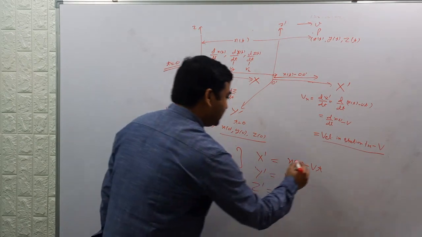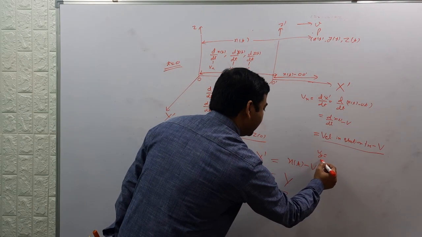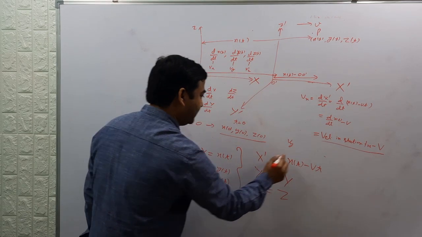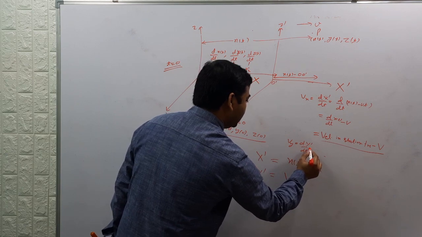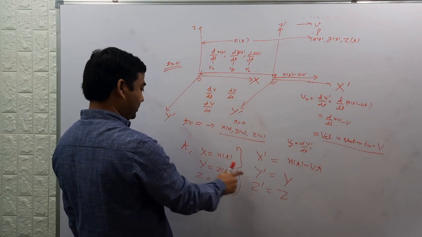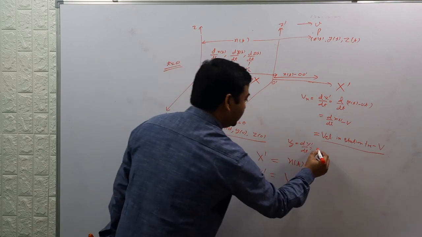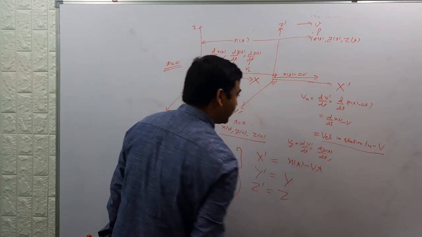And the other velocities, that is vy and vz, sorry, vy in the new frame is dy dash over dt and dy dash is y. So y dash and y both are equal, so it will also be dyt over dt.